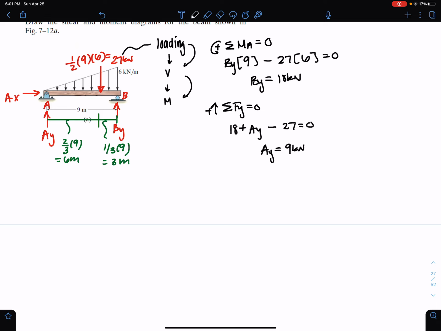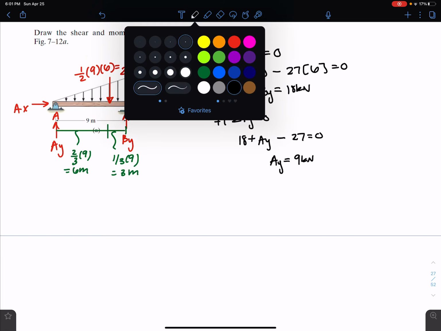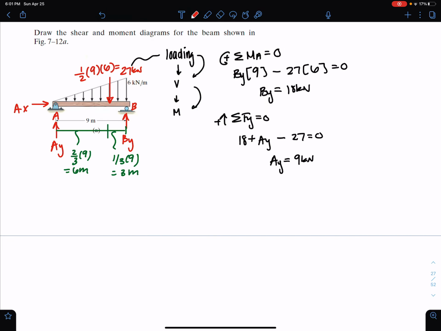Okay, now we're ready to go ahead and make our cut. And since we have one continuous load, we can actually make the cut at any point here, X, and we only need to make one cut. Because we have this continuously changing load here, we can't make a cut at every single point, but we can define this function.